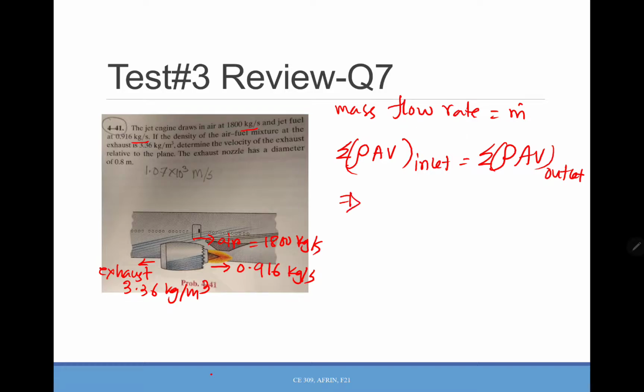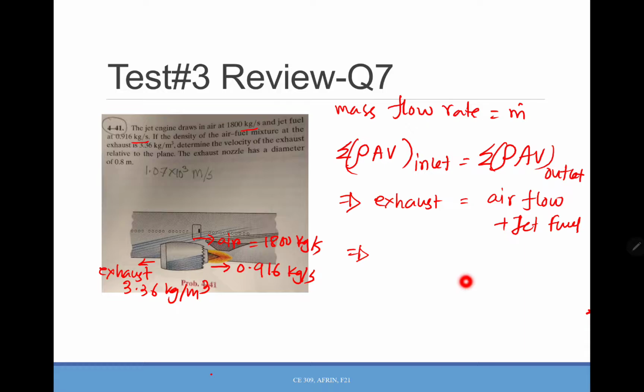So here if you just look at the direction, it can be just the exhaust, and this can be airflow plus jet fuel. So this one is rho AV.